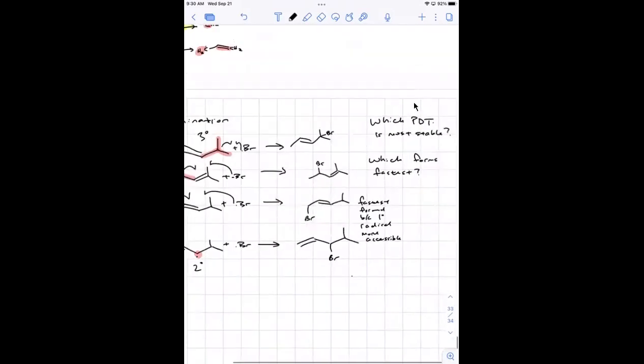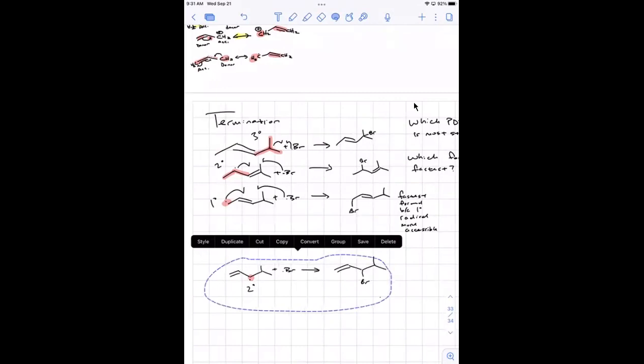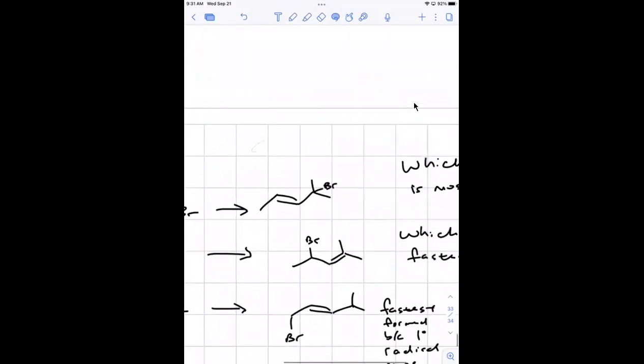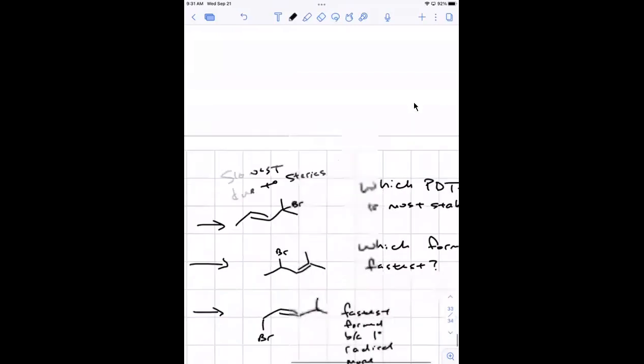So which one do you think is going to be the slowest? The tertiary. Good, that's right. And that rate is going to be based on sterics. It's going to be based on how accessible that radical is, how much bulk is around it.